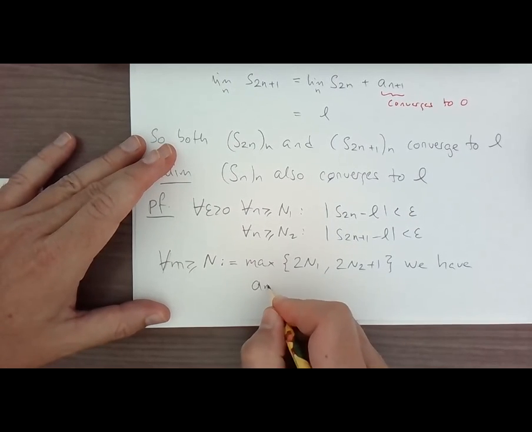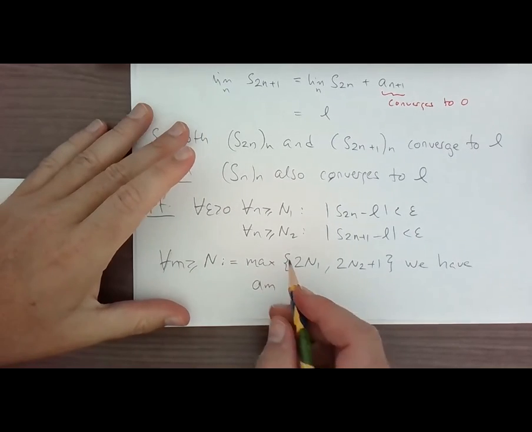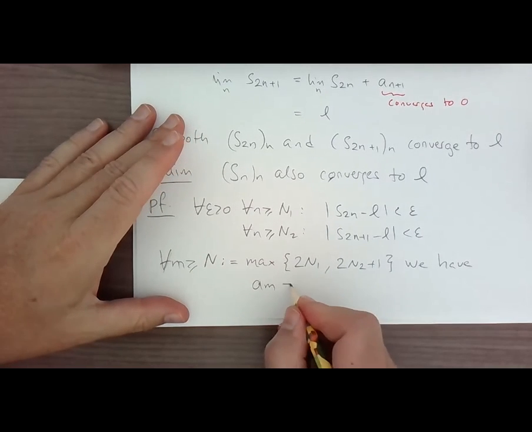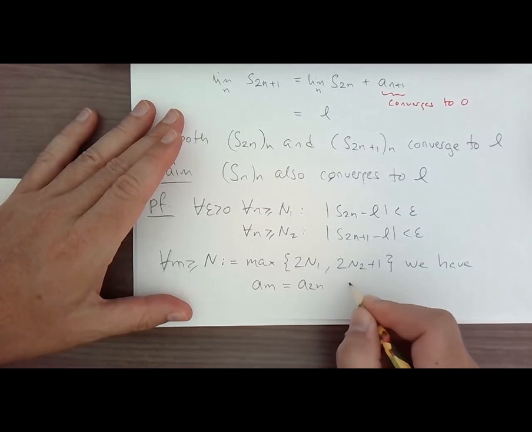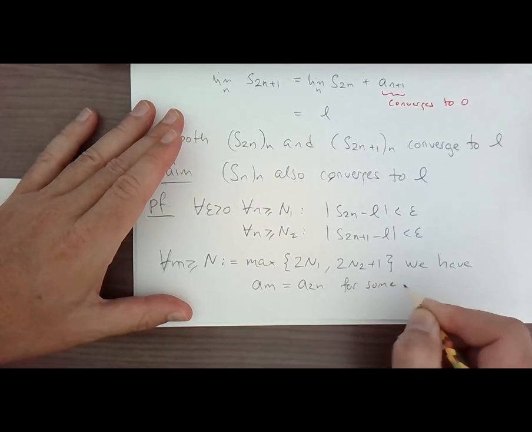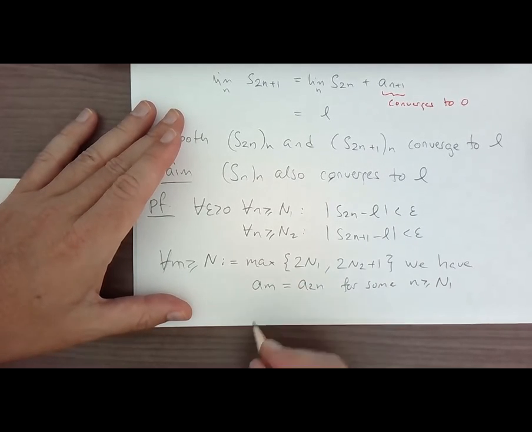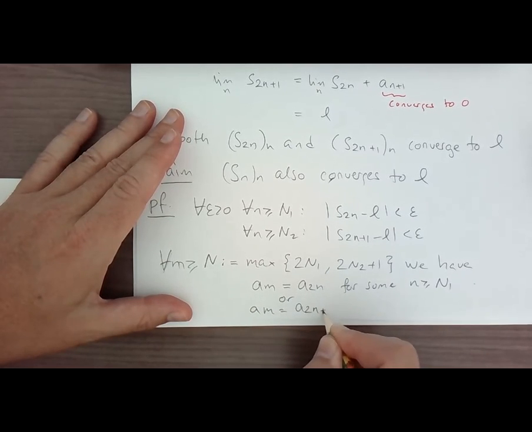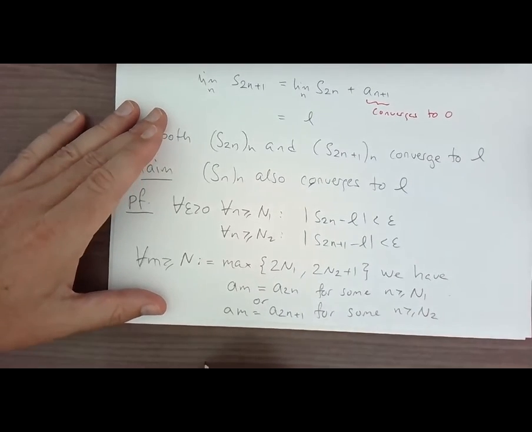We'll have that s_m, well, there are not that many options for it. Either this is going to be odd or even. If it's even, it'll be equal to s_2n for some n bigger than n1, or s_m is going to be equal to s_2n plus 1 for some n bigger than n2.